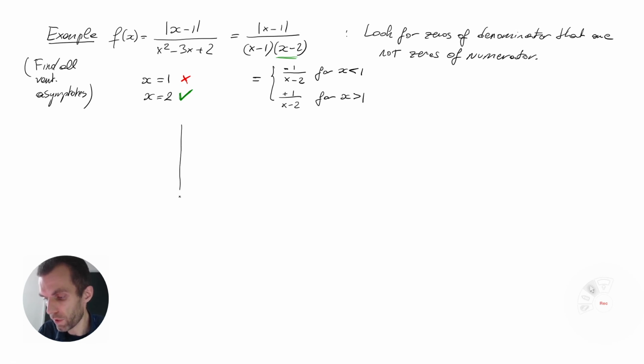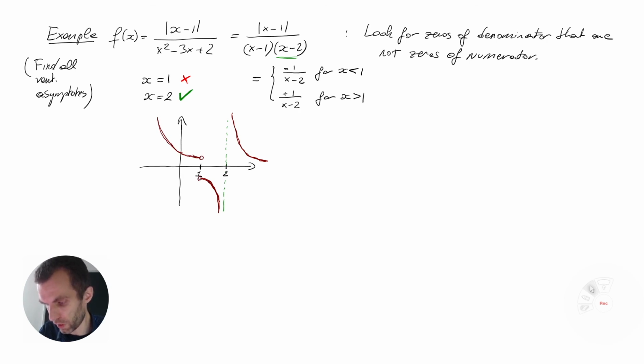And that means we can more or less draw this function. So the graph becomes, there's going to be interesting things happening at 1 and also at 2. And at 2 we get a vertical asymptote like this. The function going like that. And between 1 and 2 we have this branch, and then for x less than 1 we have another branch like that.